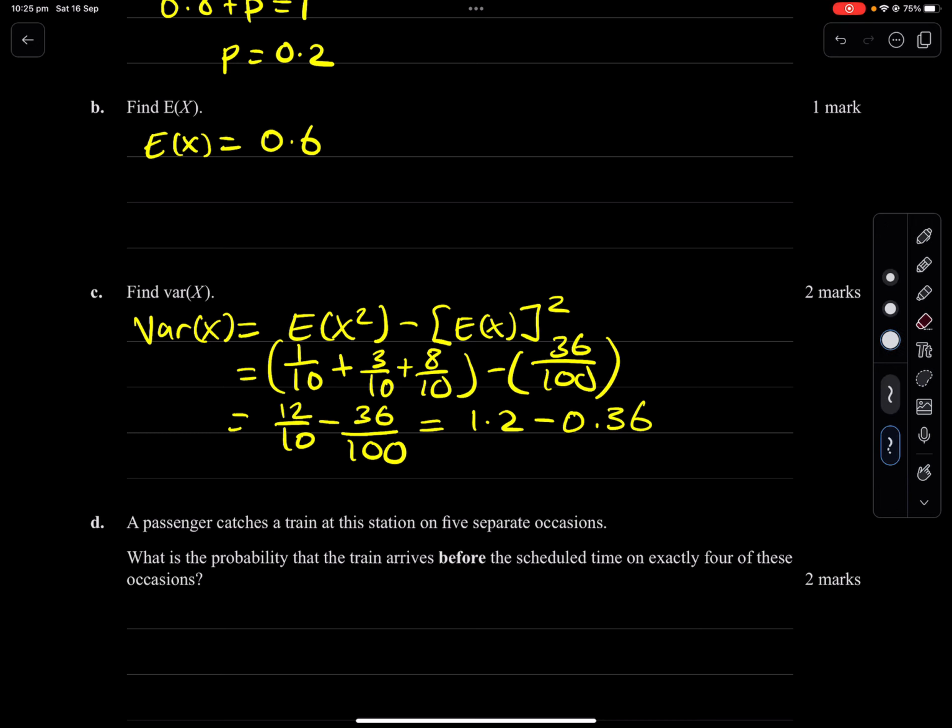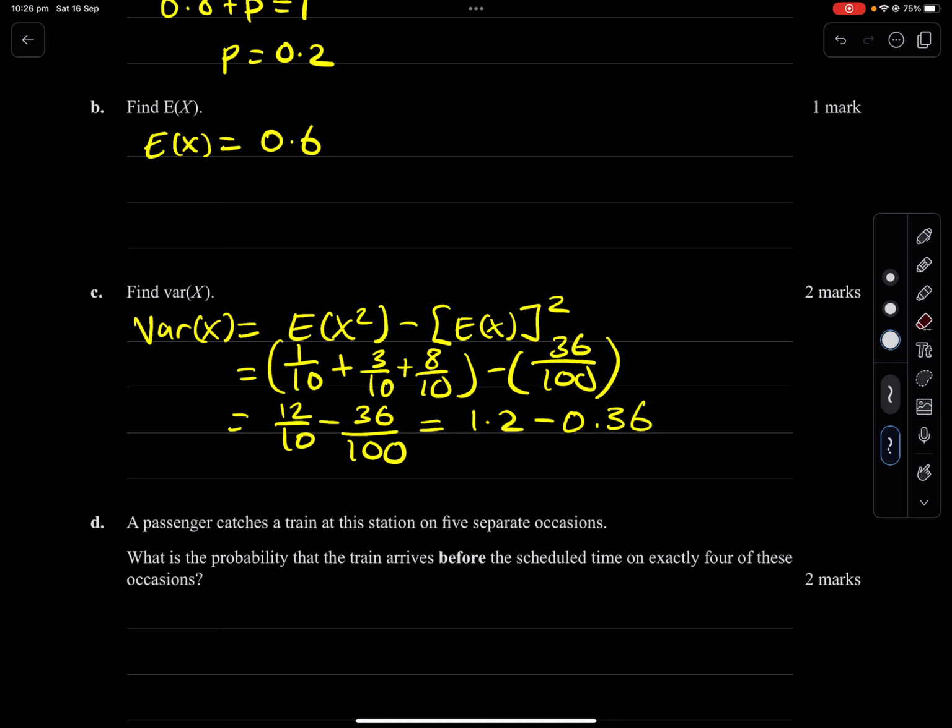Alright, okay, wait. 1 on 10 plus 3 on 10 plus 8 on 10 minus 36 over 100. We add those up, we get 1.2, yep.